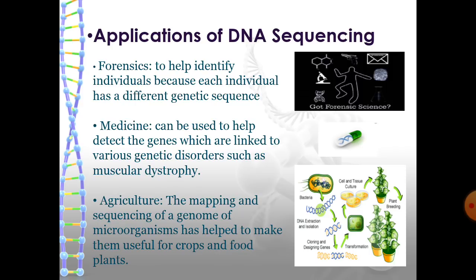As we all are aware, in the present situation we are all affected by COVID-19. Here the molecular epidemiology of viral pathogens and drug resistance testing are also aided with the help of DNA sequencing.